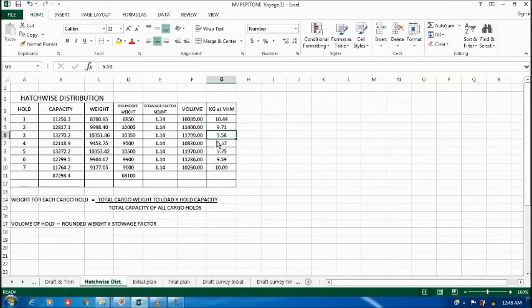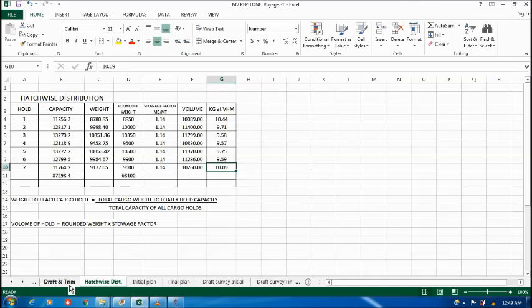It is the same procedure in all cargo holds from cargo hold number 2 to cargo hold number 7. We apply the same procedure, and that's why we get the KG exactly in all cargo holds from 1 to 7. It is the same procedure as the way we used in cargo hold number 1.